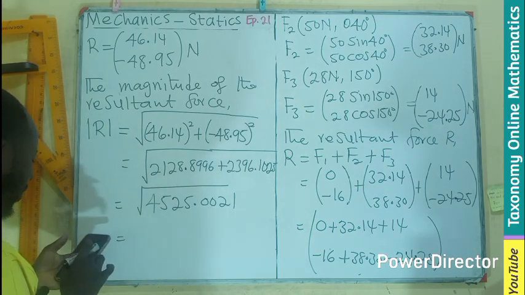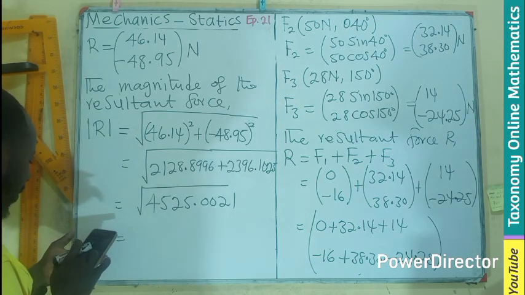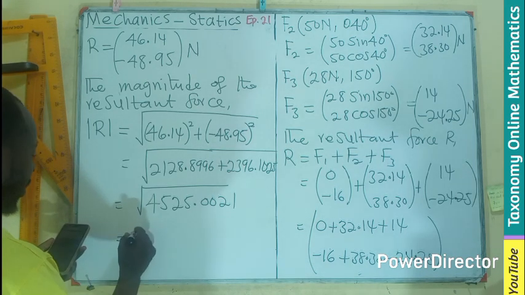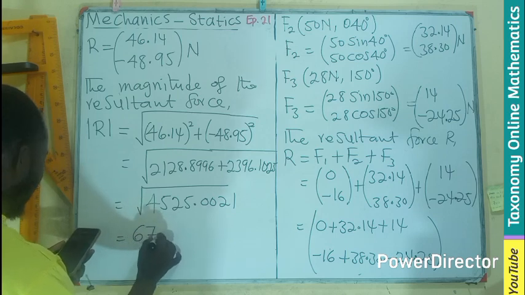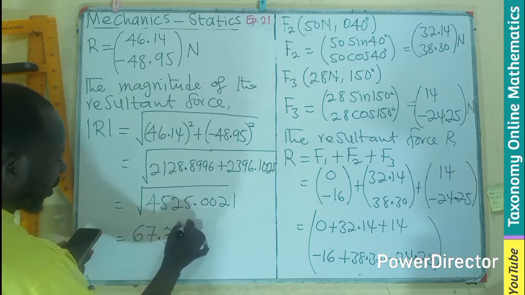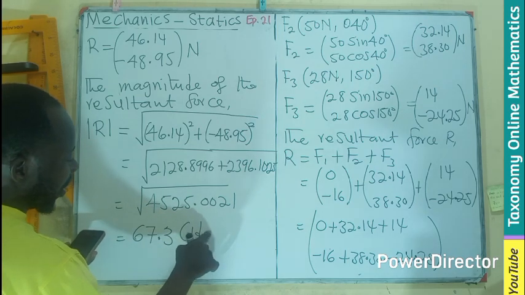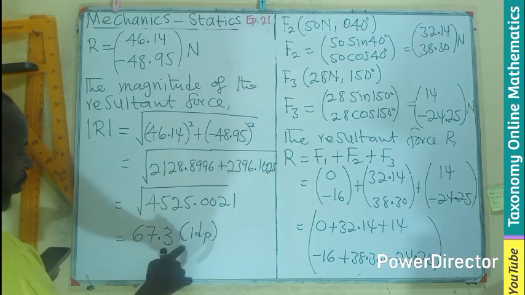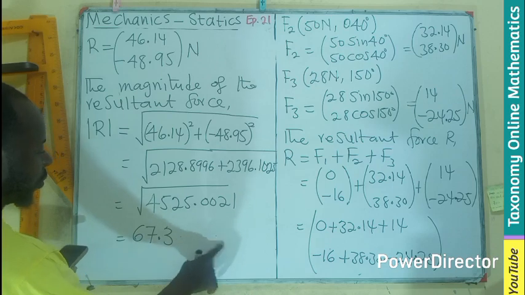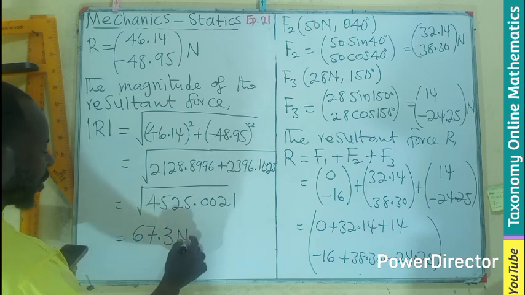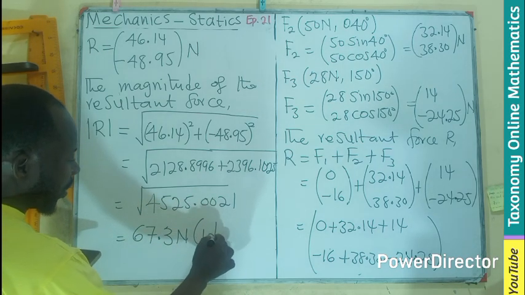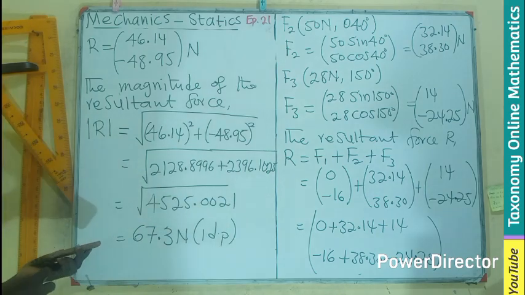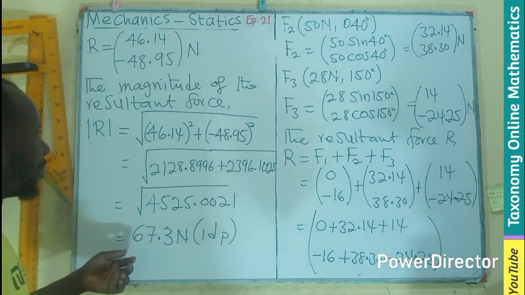Let's put all this under the root and see what our answer will be. If you do that, you should have 67.3, that is one decimal place. We are talking of resultant, so we have the force unit added to it. All right, so this is the magnitude.